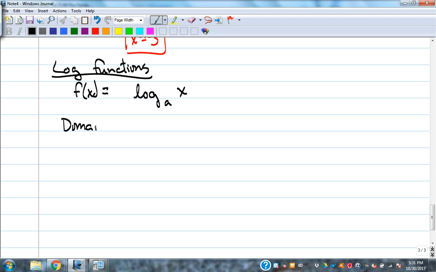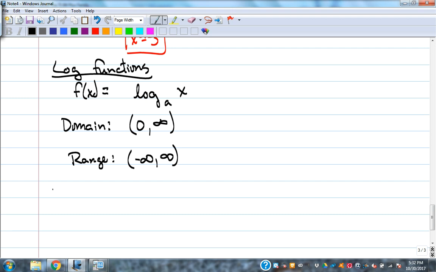The domain is from 0 to infinity for any log, no matter what the base is. The range is from negative infinity to positive infinity.